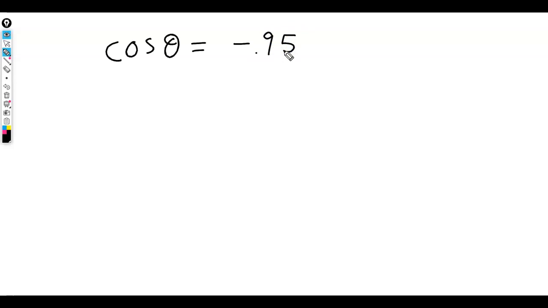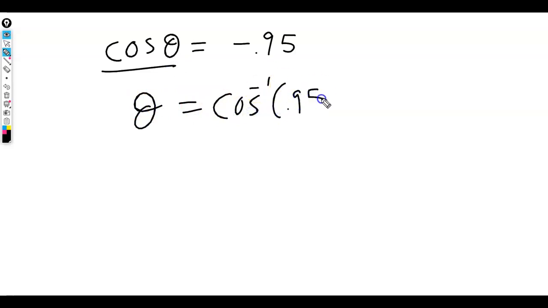Negative 0.95. Okay, so step one is we're going to arc cosine both sides. If we arc cosine this side, we'll just be left with theta because the cosine cancels. And if we arc cosine this other side, we will get negative 0.95 inside there. And then from there, we're just going to use our calculator.